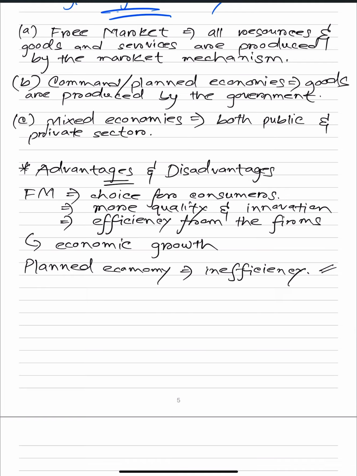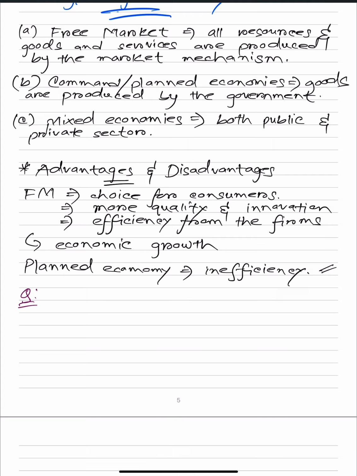So one of the 20 marks essay questions that I had come across, and you can come across as well, is that you might be asked to evaluate the possible advantages and disadvantages of an economy moving closer to being a free market economy, or an economy moving from a planned economy to a more free market economy, or to a more mixed economy. So let's take an example.